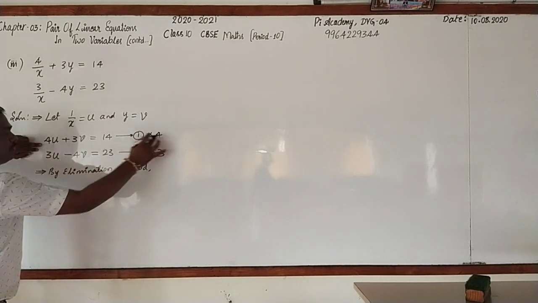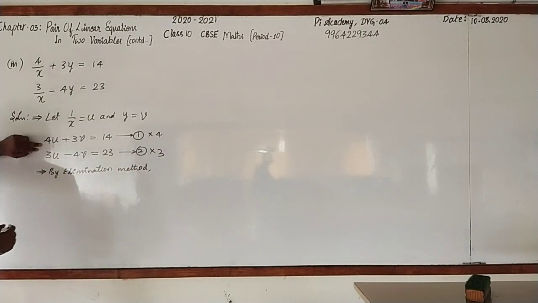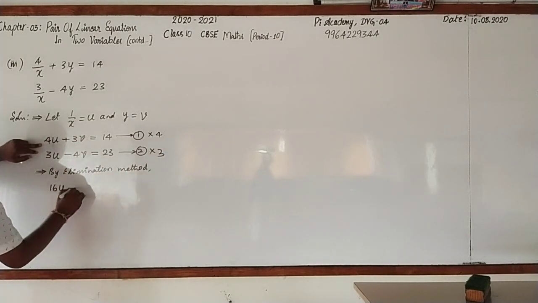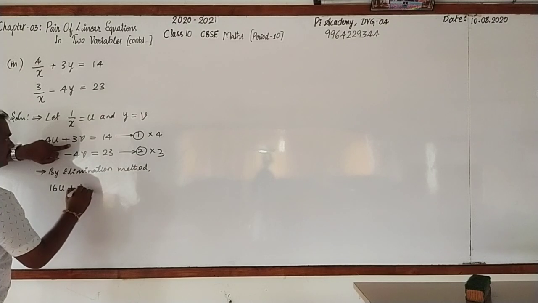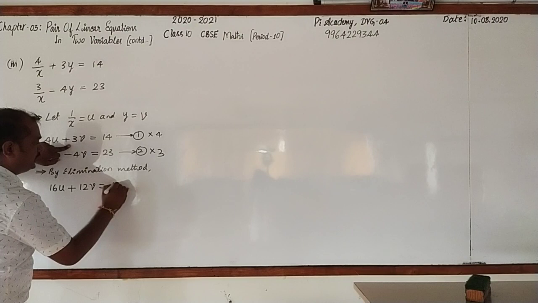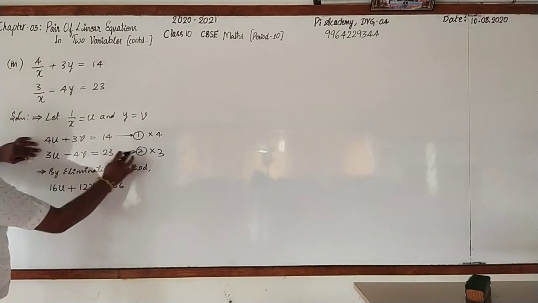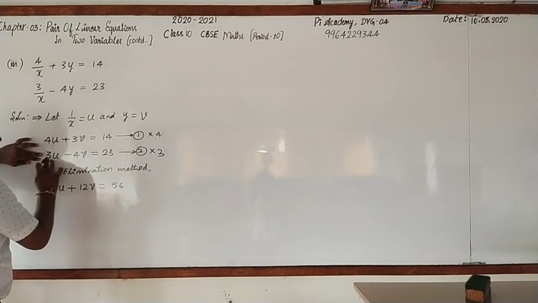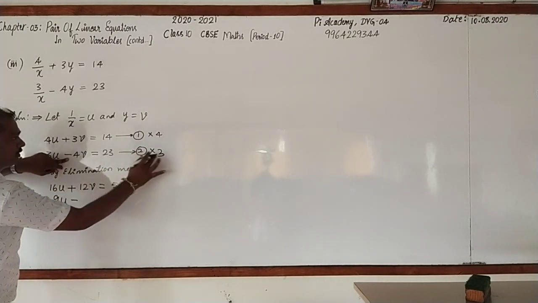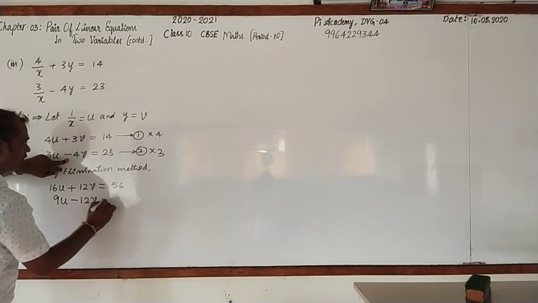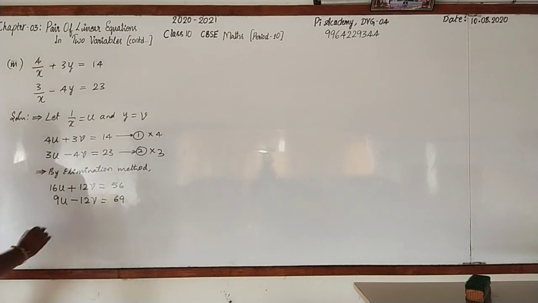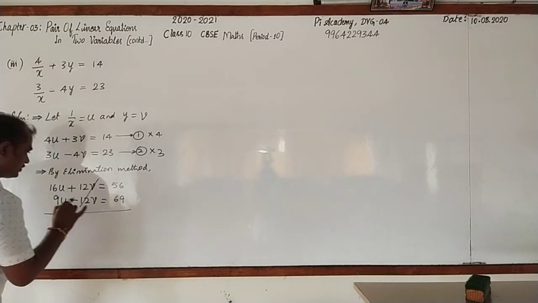Yes. 4 4s are 16u plus 3 4s are 12v, and 14 4s are 56, right? Next, multiply the second equation by 3. 3 3s are 9u minus 4 3s are 12v, and 23 3s are 69. Please write with me, don't be lagging. Change the sign. These two get cancelled.